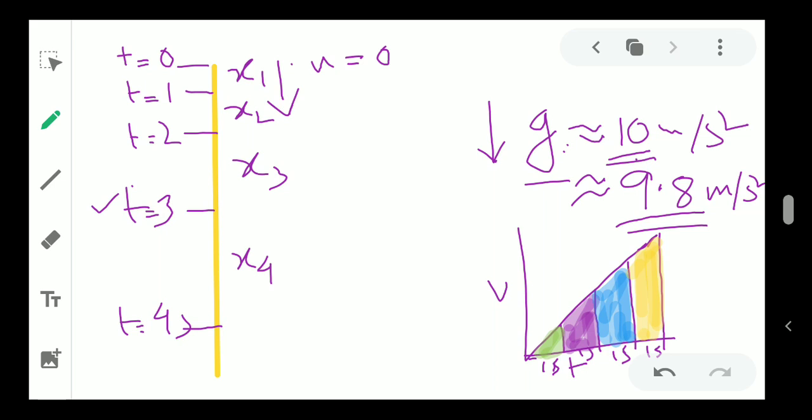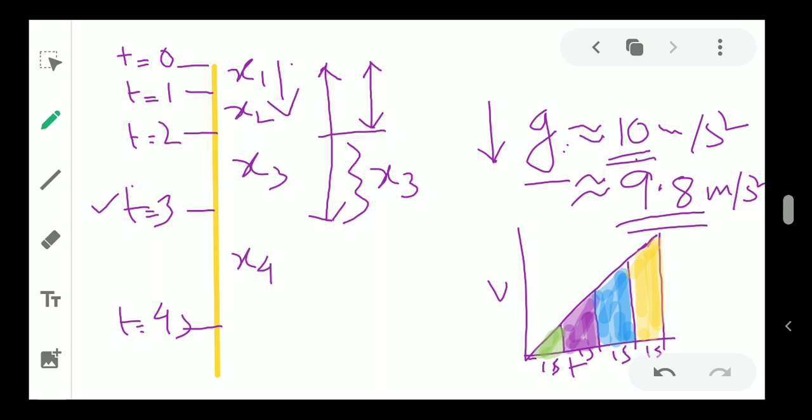In that case, we first have to take out the total displacement till time t3, also find the displacement till time t2, and then subtract it. Whenever we subtract, we get this extra x3.